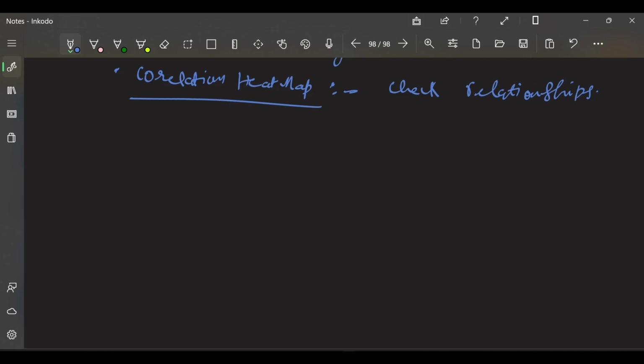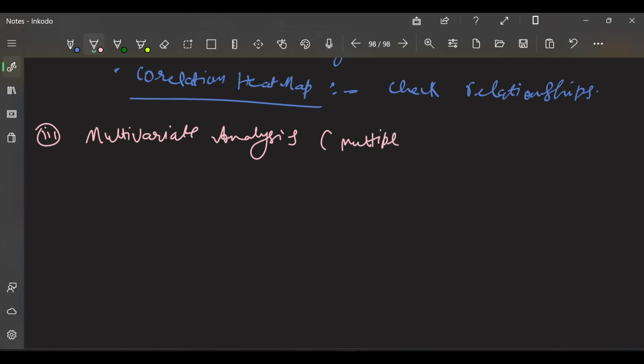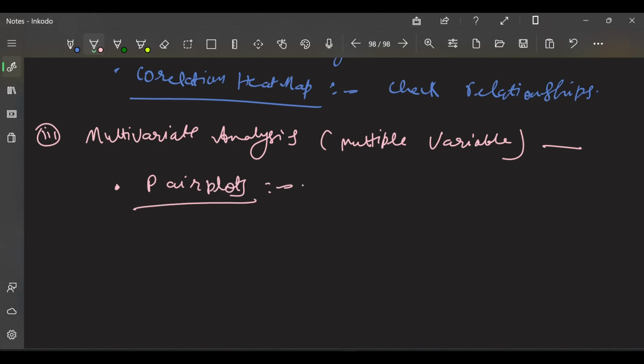The last one, the third one, is multivariate analysis, or multiple variables. The first one is the pair plot. A pair plot means scatter plots for many variables.